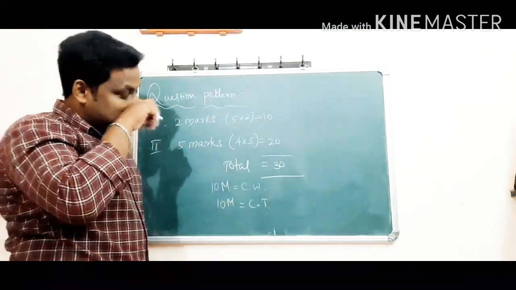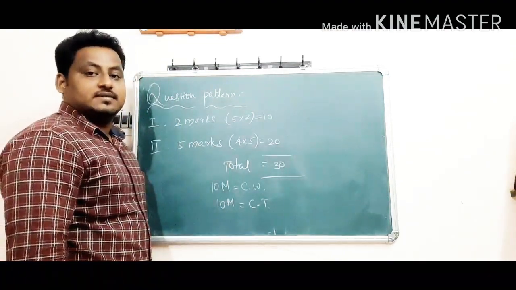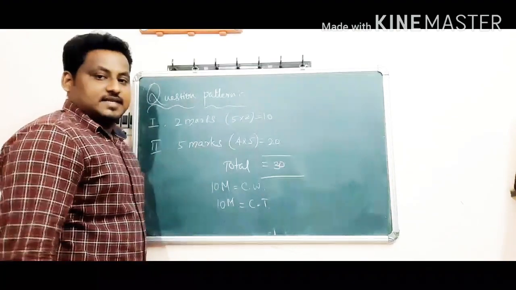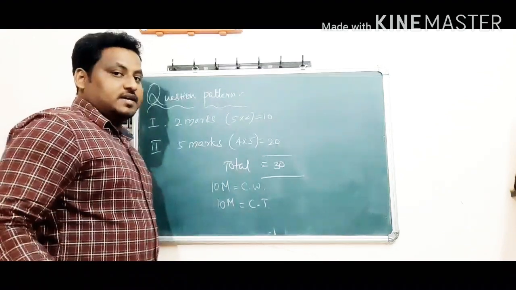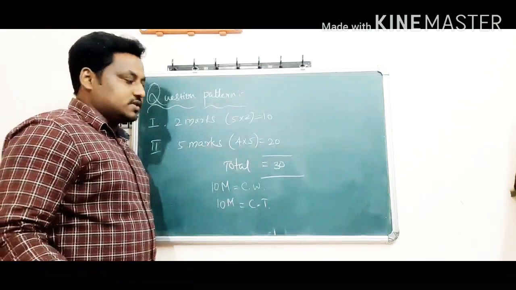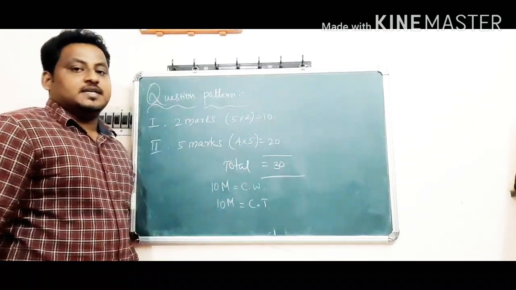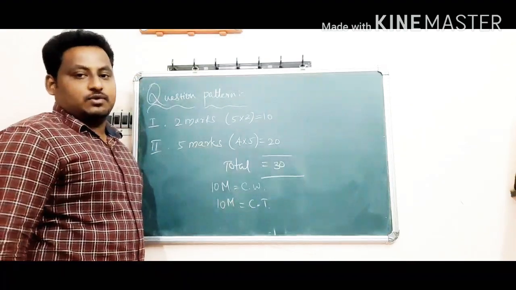Some of you still haven't submitted your classwork completion. You have to complete up to today's class. I will note down your names. Don't forget, you have to submit your notes, then only I will give the 10 marks for classwork submission. If you are a defaulter, definitely I will put 0 for you.